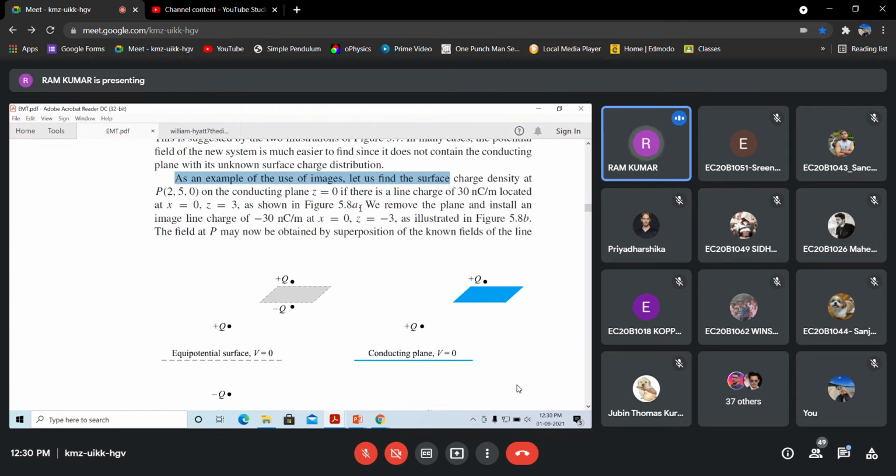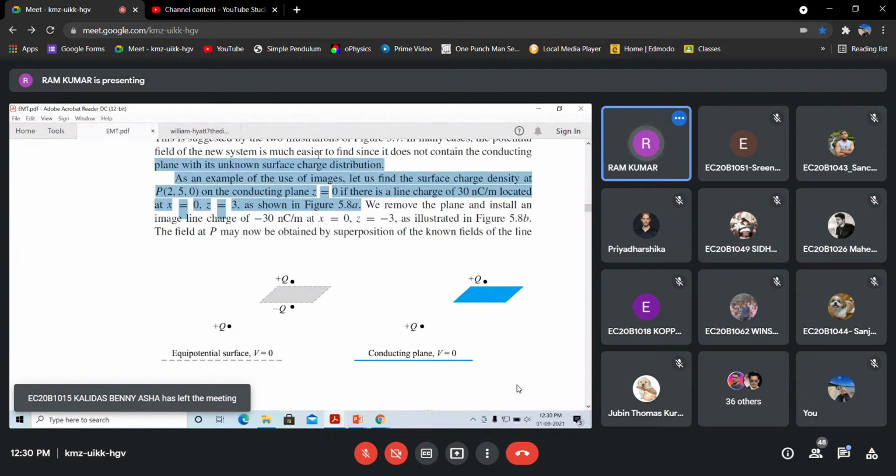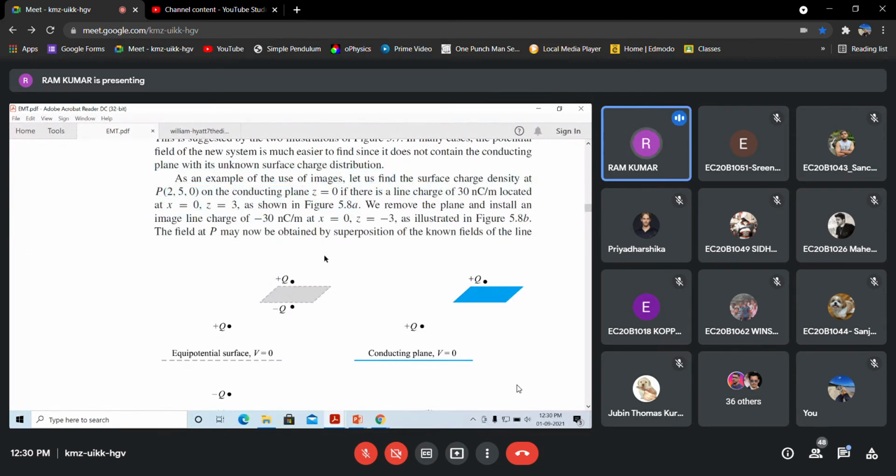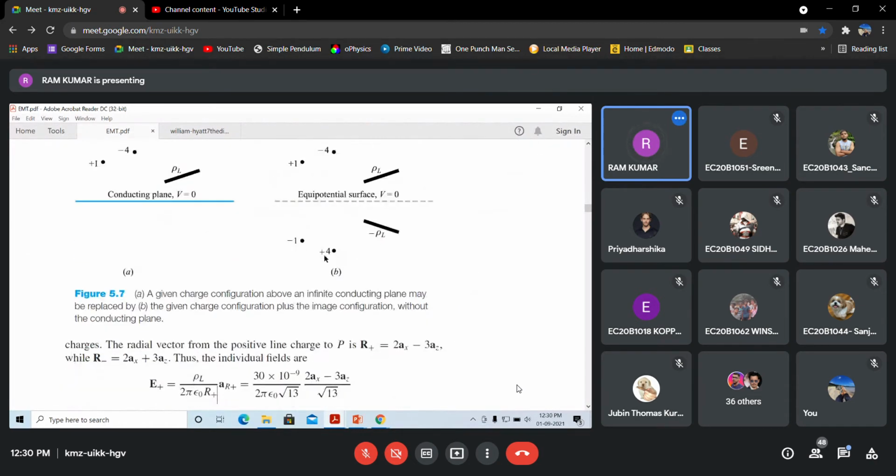So they are asking us to find the surface charge density. This is the scenario, just imagine. They are given a line charge of 13 nanocoulomb at some particular position, and they're asking to find the surface charge density at some particular point on the conducting plane. Just remember that sentence.